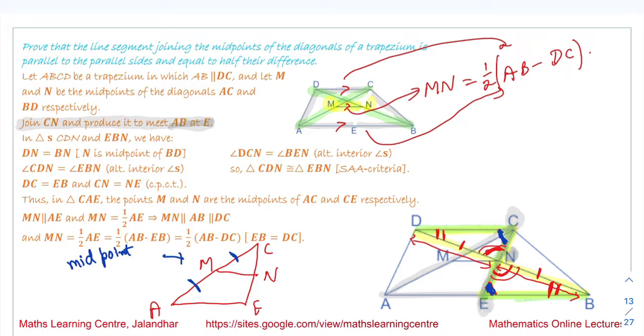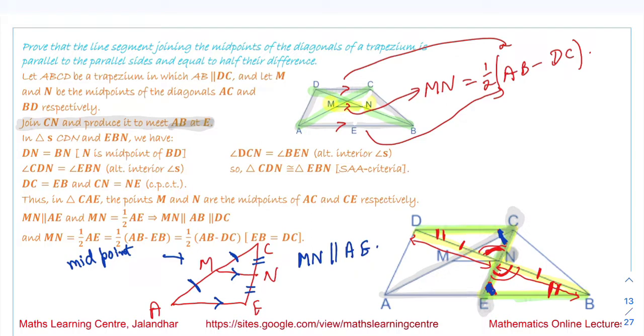Next we have proved that N is the midpoint of CE. So if M and N are the midpoints over here, by the midpoint theorem we have MN is parallel to AE.